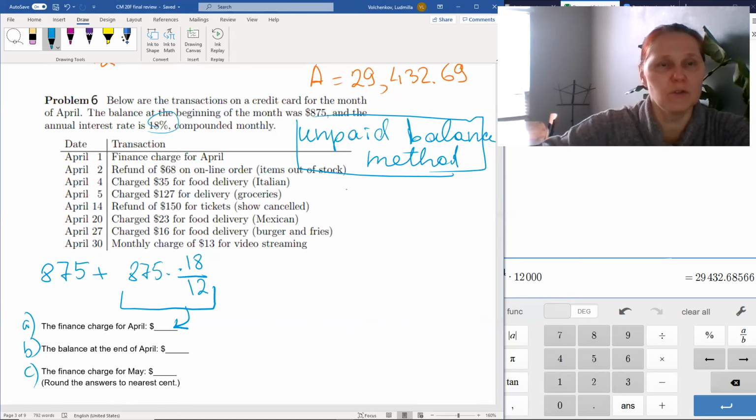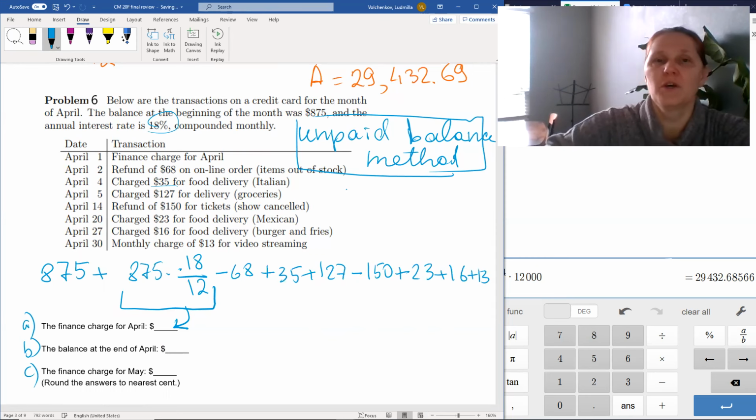Here you must look whether it is with plus or with minus. So if it is a refund, it means it is returned to your account. Your debt is less now. So we subtract 68, then charge 35, plus 35, charged 127, refund, so subtract 150, charged plus 23, plus 16, and plus 13.